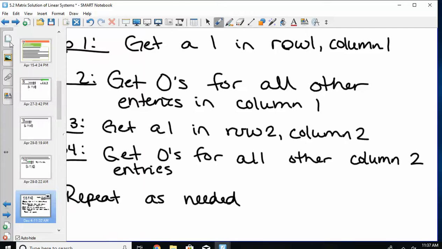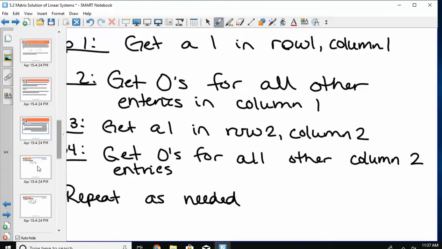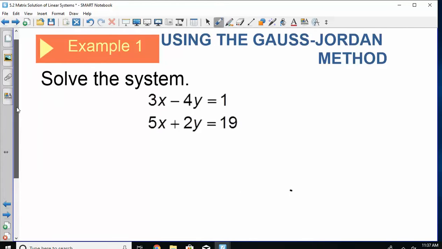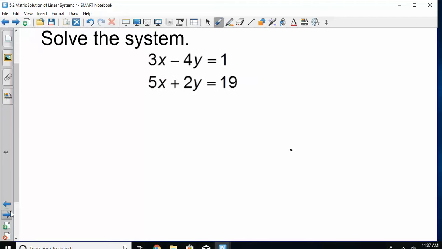So let's do our first full problem. First step is to write a matrix.